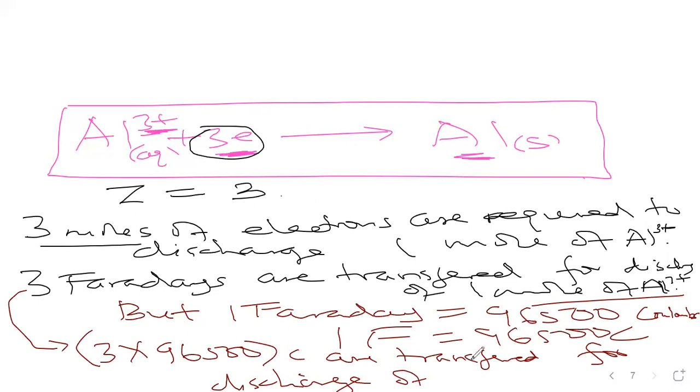Allow me to convert the mole to mass. You are aware that aluminium is 27. So that means these coulombs are transferred for discharge of 27 grams of aluminium 3 ion. Let me hope you understand this. Yes, teacher.